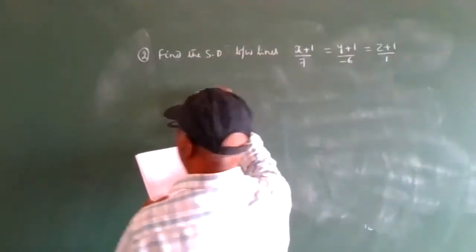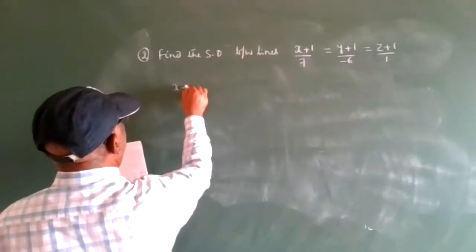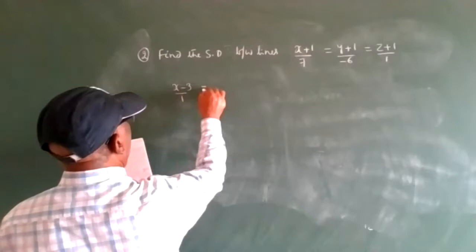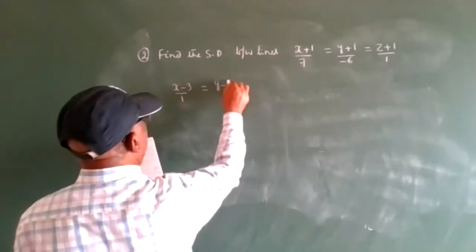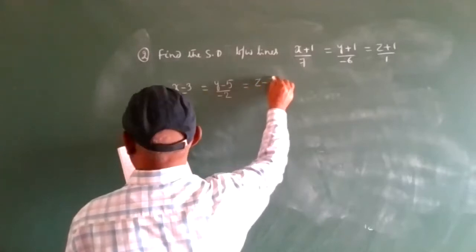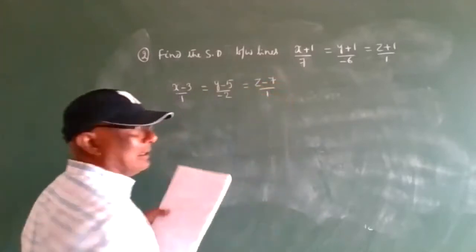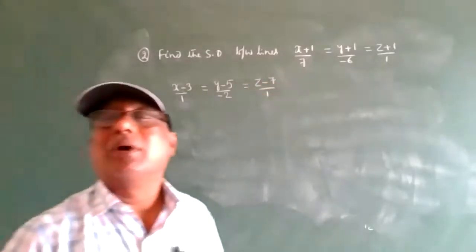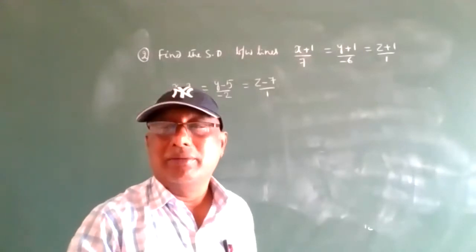Another equation is (x minus 3) by 1, (y minus 5) by minus 2, (z minus 7) by 1. Okay? Right. Everyone observe.